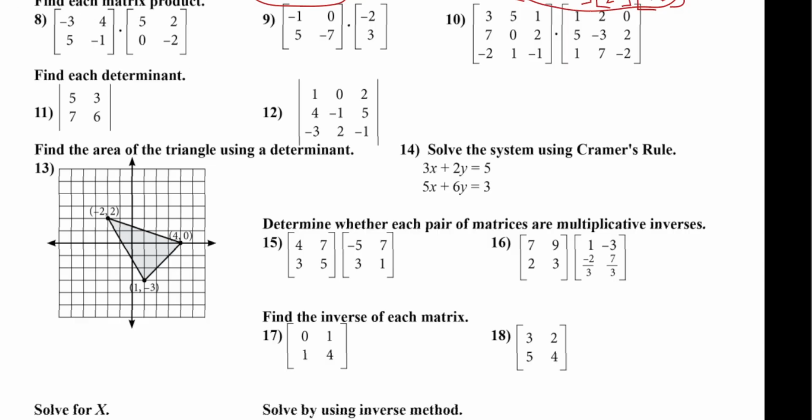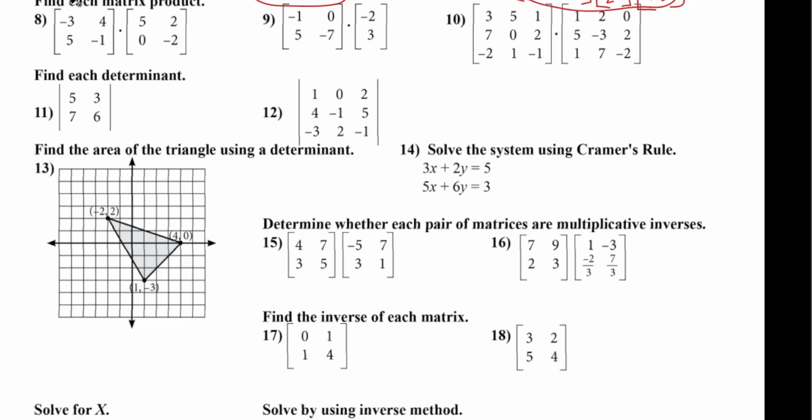So doing this right here, when you multiply two matrices together, here's what we're going to do. What is this?